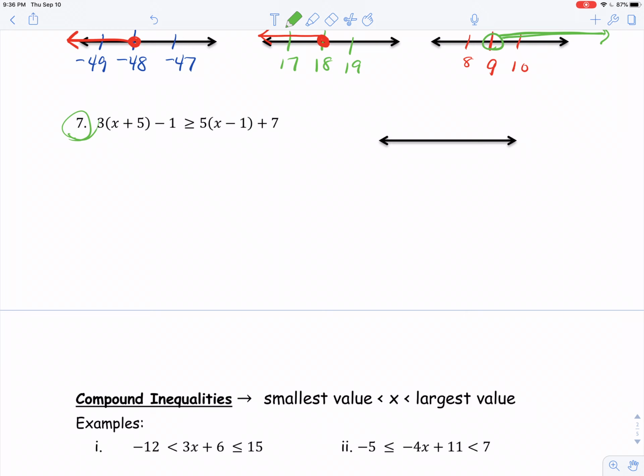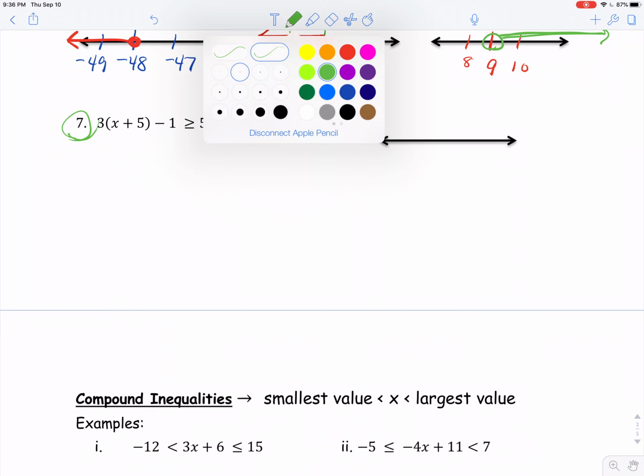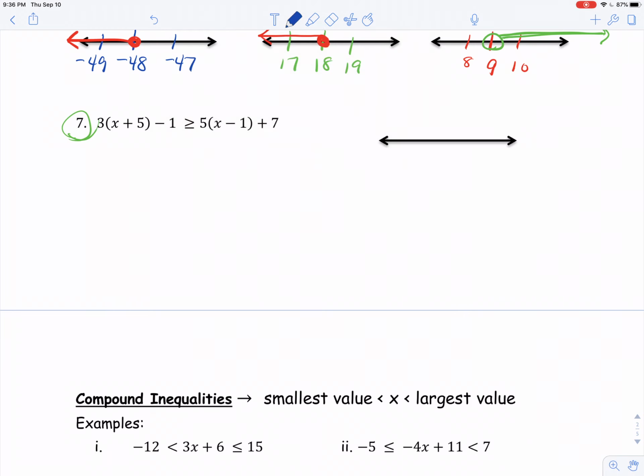All right, so the first thing I need to do is distributive property on both sides. It's very easy to forget to distribute to the second number, so please be careful.